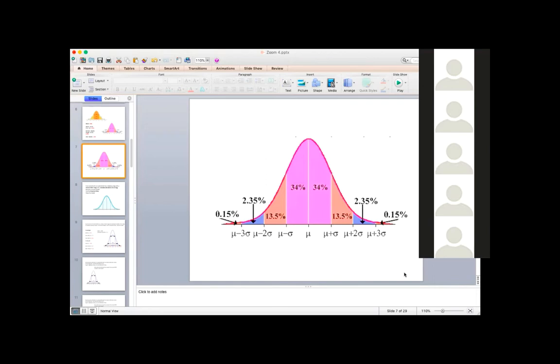If it wants above 32, you could add the 13.5, the 2.35, and the 0.15, and you would get 16. So if you had your little sheet, that would be an easy way around it. Now I'm going to go back to the problem, which we now know the answer is 16.